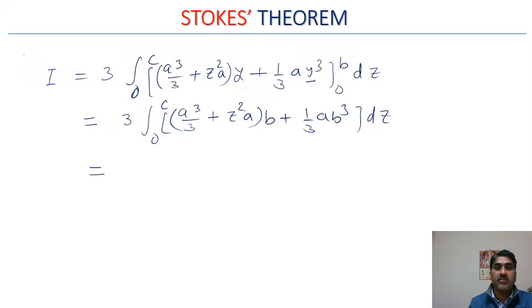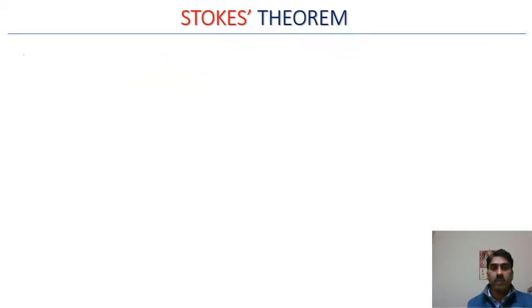This is not tough. So just integrate and put these limits. So you will get a cube b c plus b cube a c plus a b c cube. This is our integral, and we have evaluated using Gauss divergence theorem.